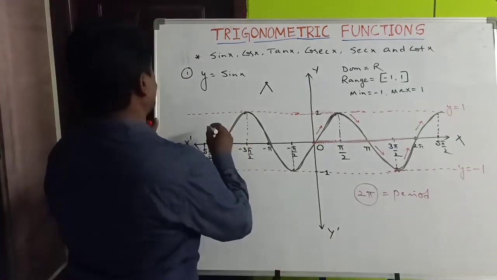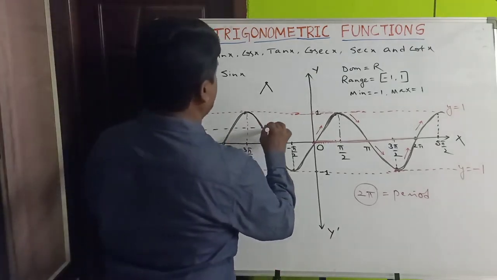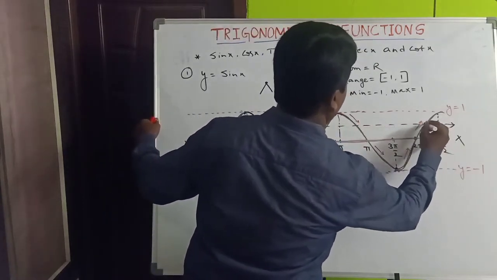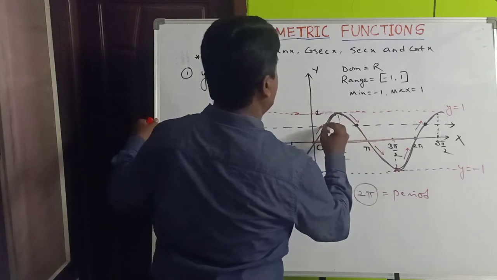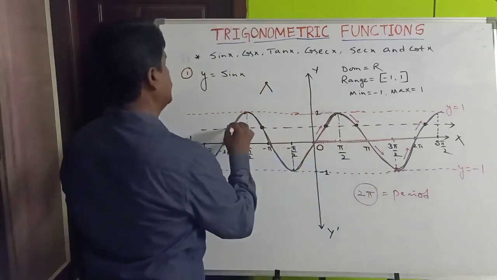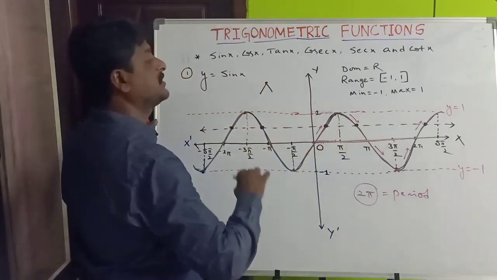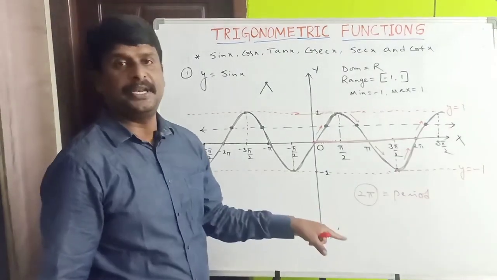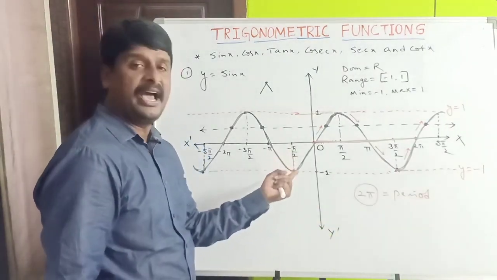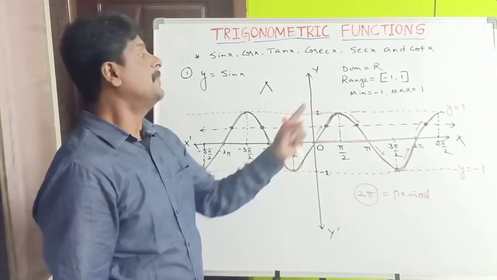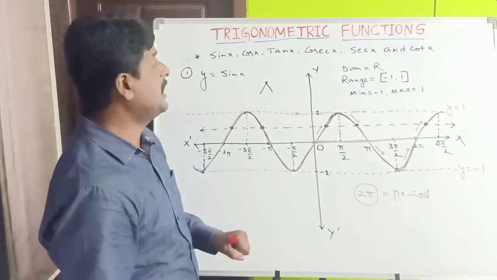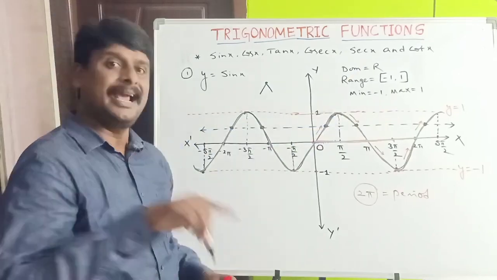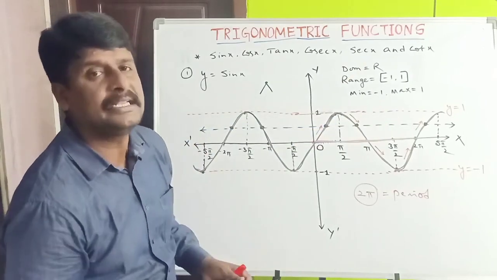But if we draw a line parallel to the x-axis and it intersects the graph at more than one point, then it is not a 1-1 function. It's not 1-1, it is periodic, it is continuous everywhere, differentiable everywhere, minimum value -1, maximum value 1, range -1 to 1, domain is R, and neither increasing nor decreasing.